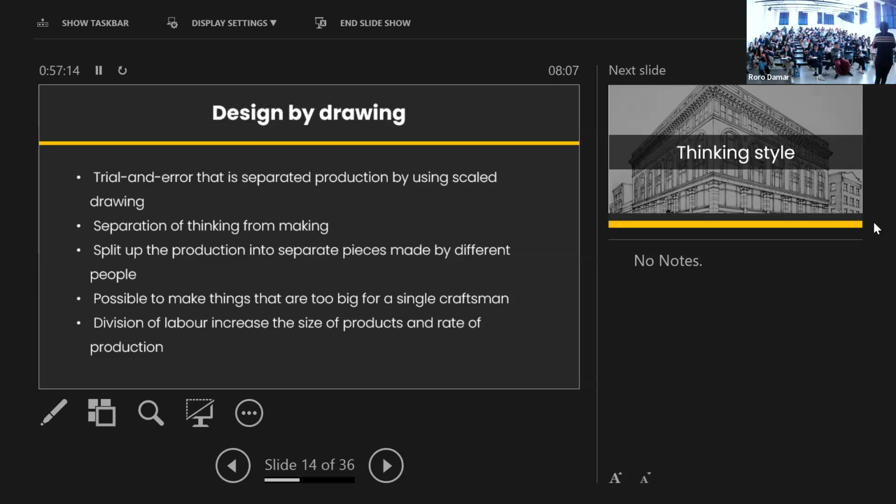Split up the production into separate pieces made by different people, as I mentioned. For instance, your cell phone consists of so many things inside it made by so many different parties. Someone made the screen, someone made the cases, someone made the IC, the lamp, the things.